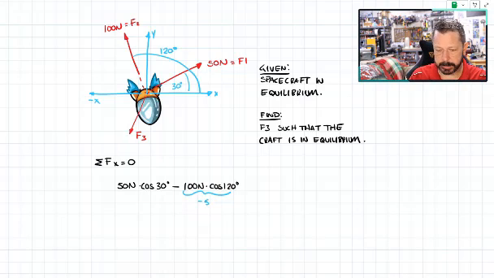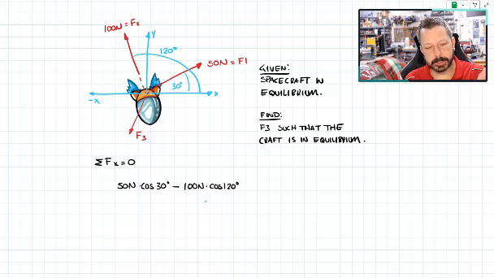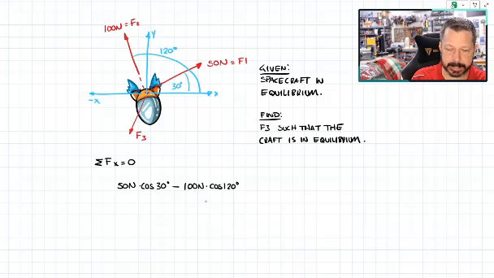So you have to be careful how you go about putting in the forces that are not in quadrant 1. What I usually do is assign the sign based on the direction of the force. So in this case, I'd give it a negative.